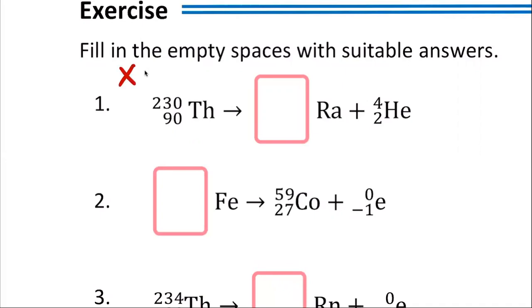Element X, this one is A, and this one is Z. So what is the proton number for radium? Ra. Th is thorium, Ra is radium.